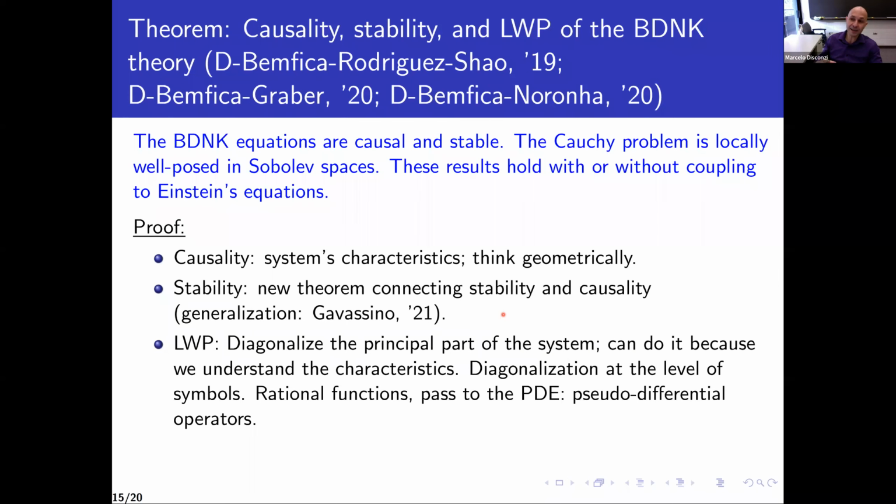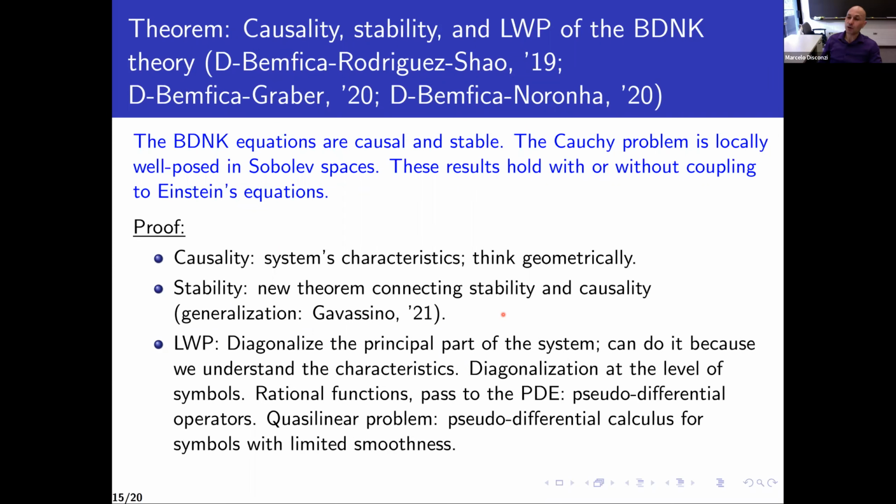So when you pass back to the PDE, you no longer have a PDE, you have a pseudo-differential PDE. So you have to deal with pseudo-differential operators. And because this is a quasi-linear problem, you need to deal with the pseudo-differential calculus for symbols with limited smoothness, which is a bit annoying, a bit technical, but can be done. Okay? And these results, they actually are valid if you include the baryon density, right? I was ignoring this, but I just want to stress this point for this theorem.